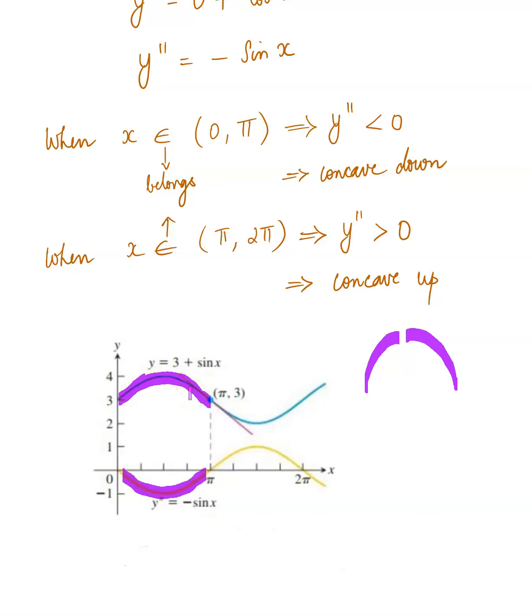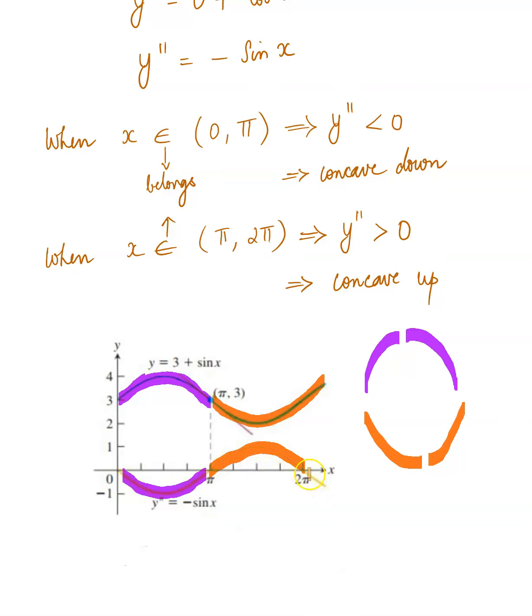Okay. And then for the other portion, you see that? That is this up-like feature. So you have the U shape forming there, and that correspondingly has this positive part, okay, where the y double prime is positive. Again, remember, after that, up to 2 pi, you have that information.